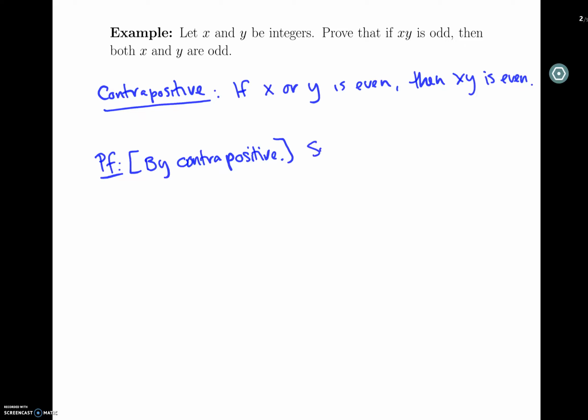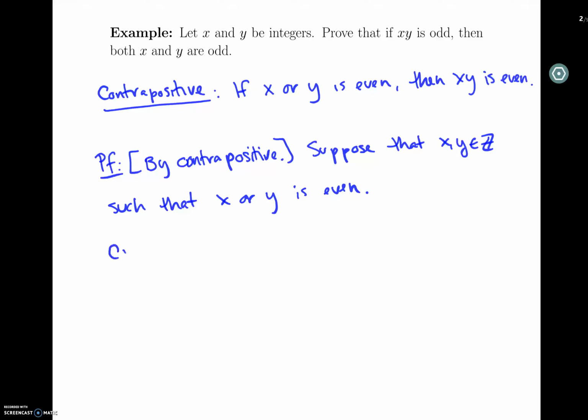And so we will suppose that x and y are integers such that x or y is even. That "or" is a hint to us that cases is probably going to be a good route to go.